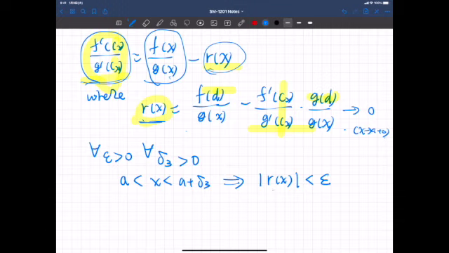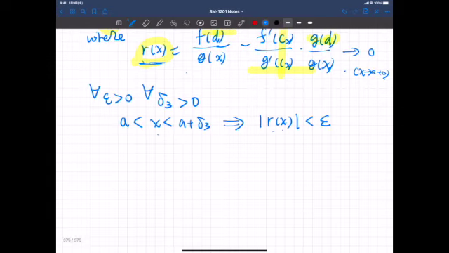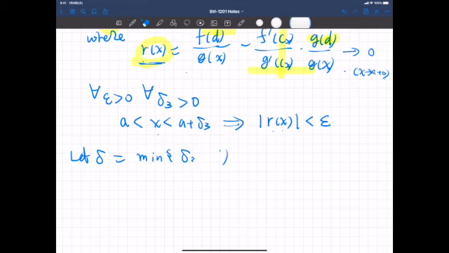So this means r of x converges to 0 as x approaches a from the right. Now let delta be the minimum of delta 3 and delta prime. Delta prime appeared before.